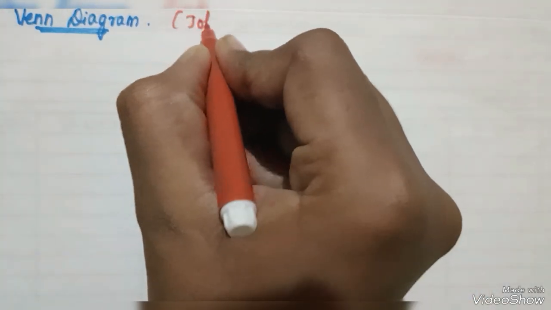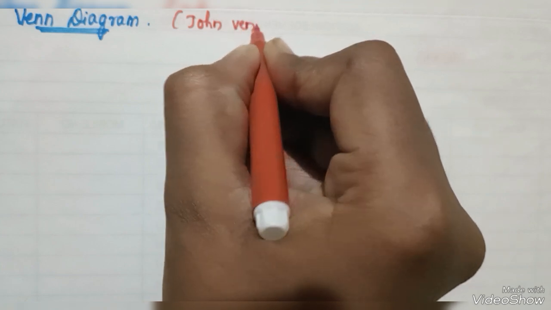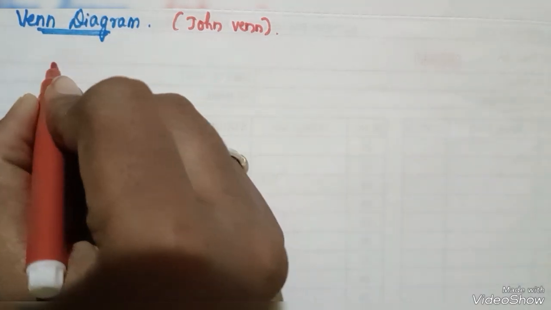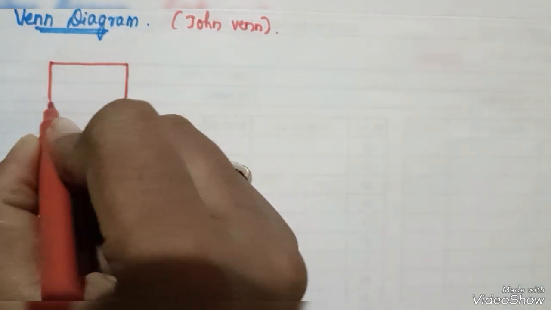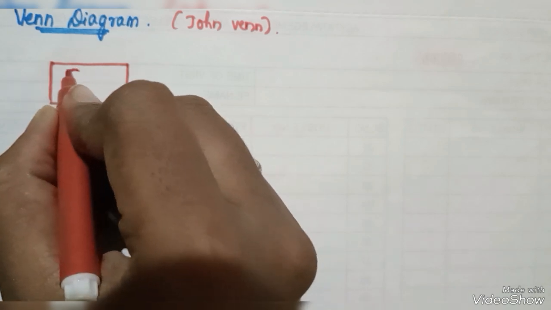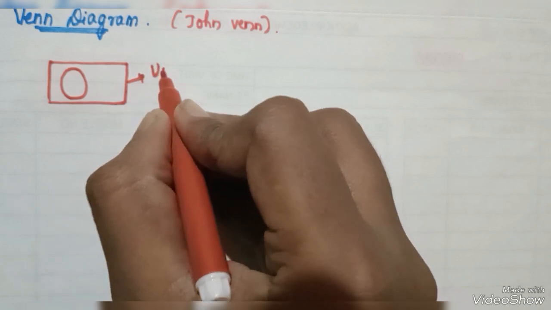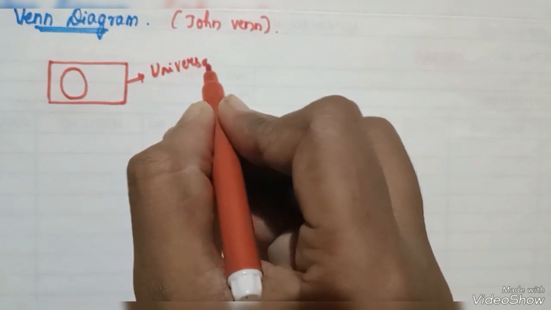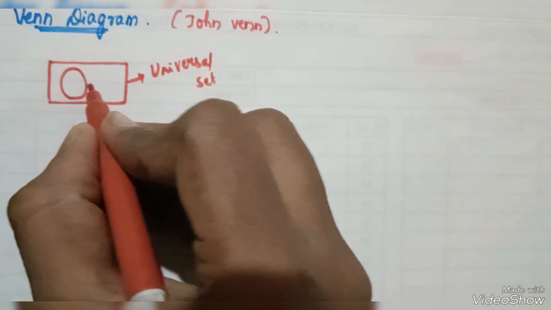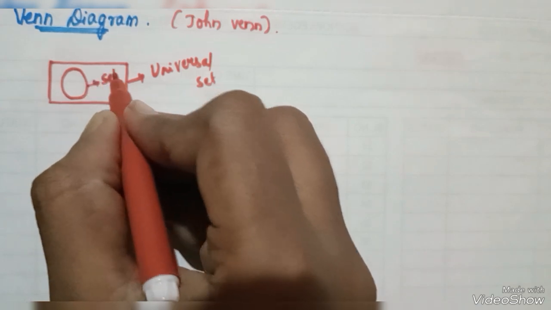Venn diagrams consist of a rectangle and closed curves, usually circles. The rectangle represents the universal set and each closed curve represents a set.